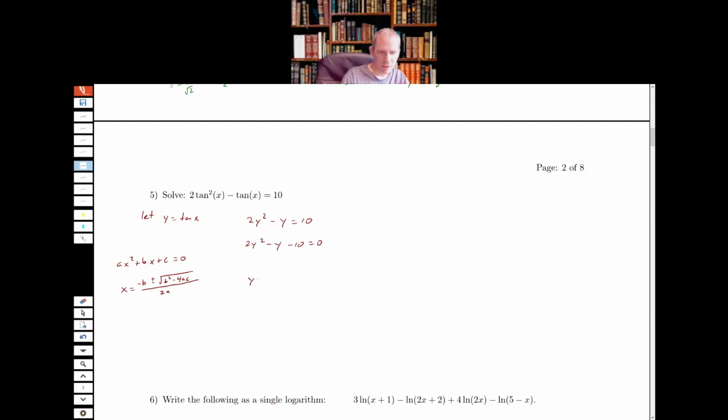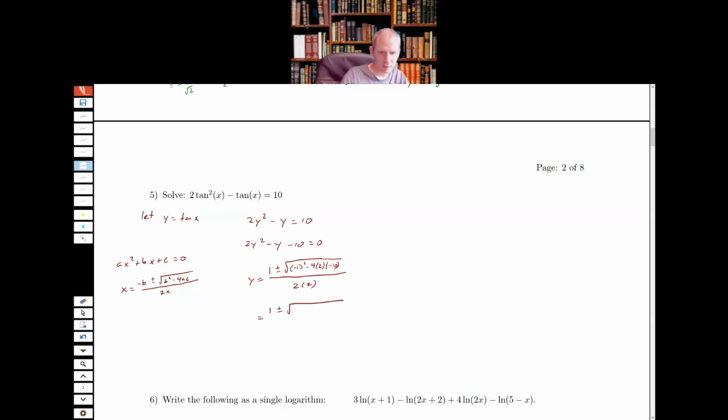Okay, so in this case, I'm going to get y equals the opposite of b. The coefficient of my y term is -1, so the opposite of that is +1. And then I have (-1) squared minus 4 times 2 times -10 all over 2 times 2.